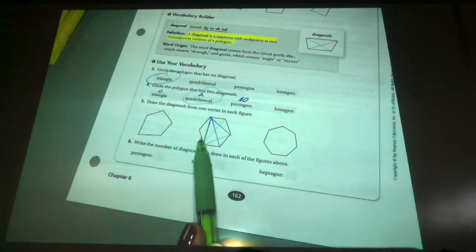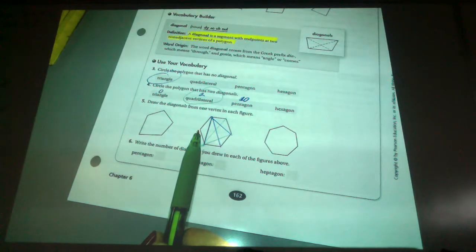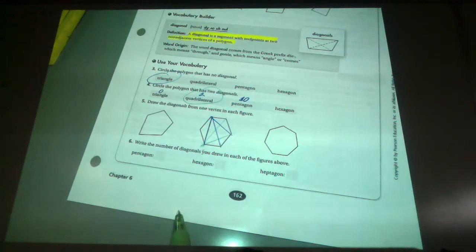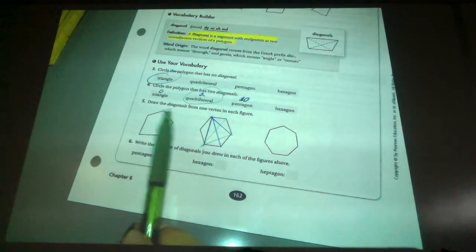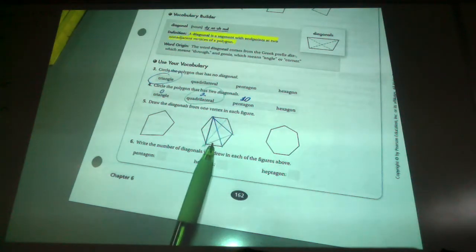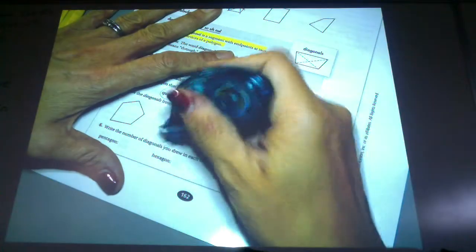You mean like from the side itself? Yeah. What do you mean? Like, I can do it from here as well. I just chose not to. Okay. Yep, I can do them from all vertices. And I just did it from 2 lines. This says draw the diagonals from one vertex. Oh, it's just from one in each figure. Well, we already messed up that one. So I'm going to cover that up.